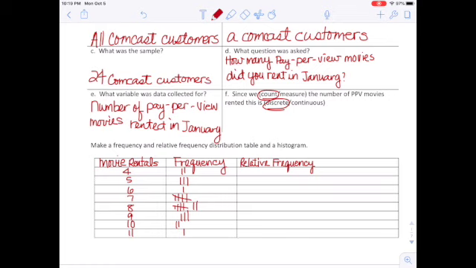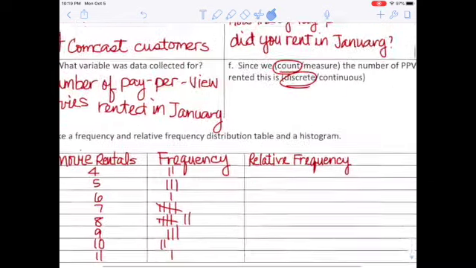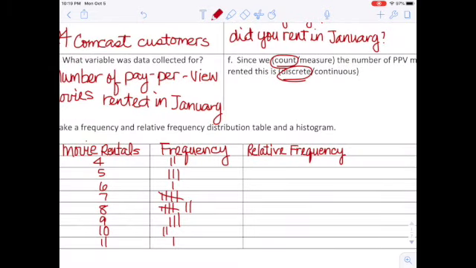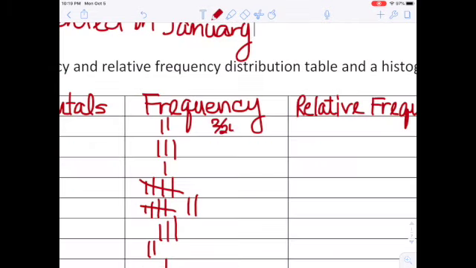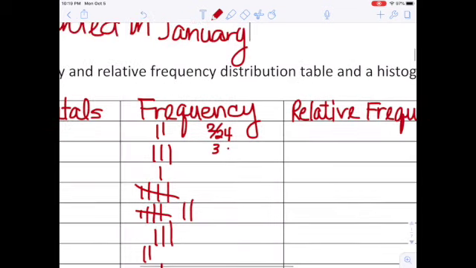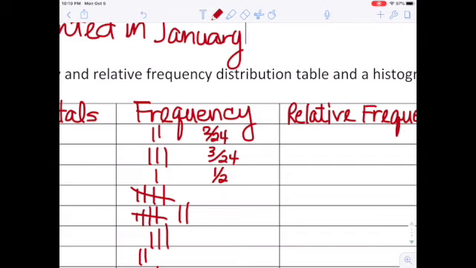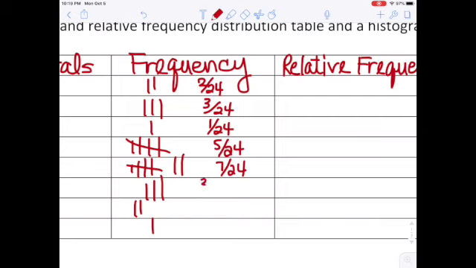When you do the relative frequency, you can definitely use the calculator. Because there are 24 customers, if you want to write down the fractions, that's 2 over 24, or 1 over 12, 3 over 24, 1 over 24, 5 over 24, 7 over 24, and 3 over 24.